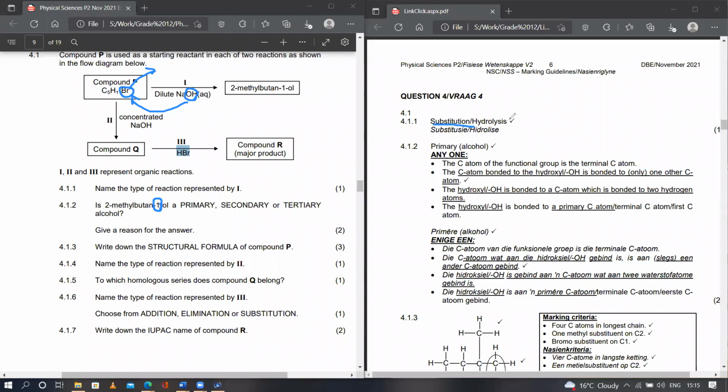Basically, if you want, you can just draw it, because it's going to be something like 1, 2, 3, 4. Then here you're going to have your methyl group. This one, you're going to have your OH group.